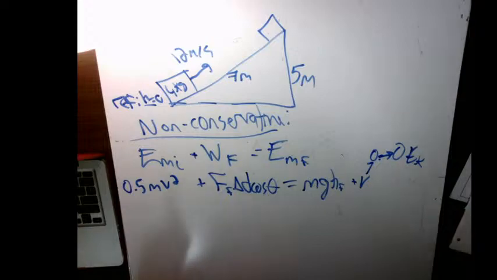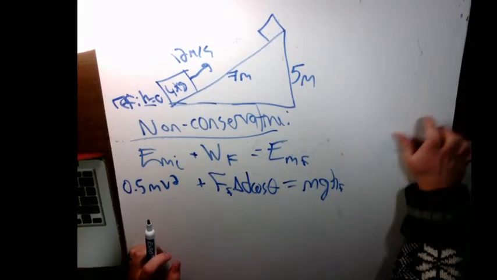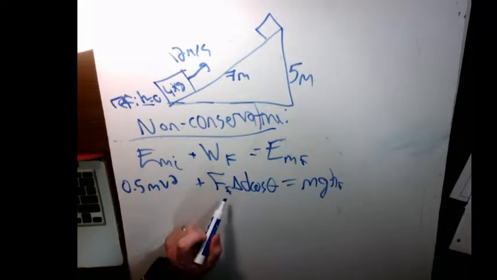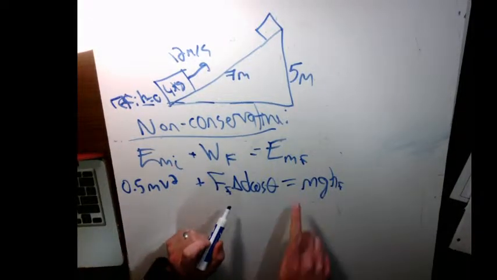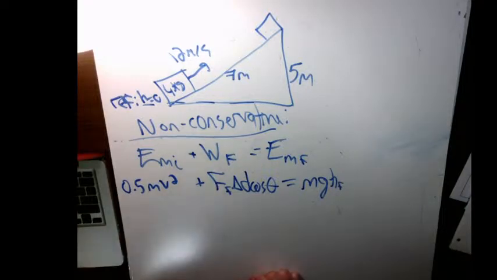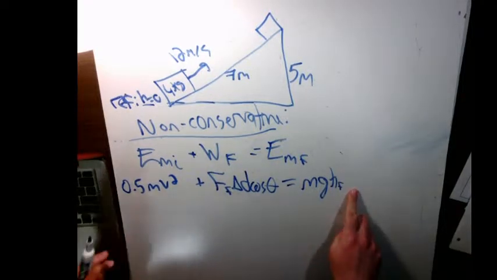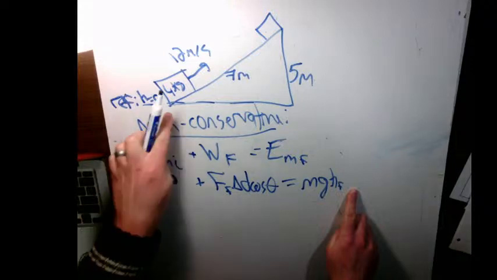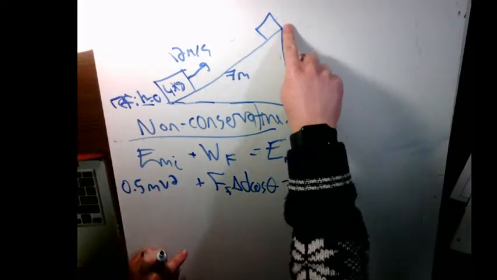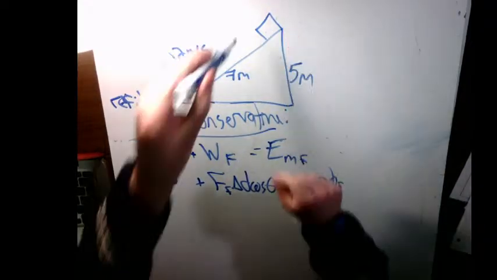So we have kinetic energy plus friction equaling our final gravitational potential energy, all because we have no speed here and no height here. Starting at 0 elevation, ending with 0 speed.